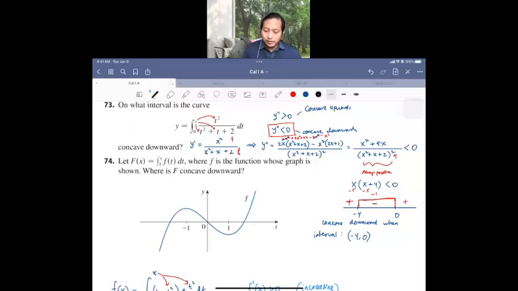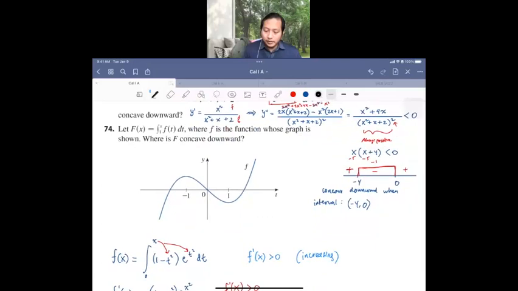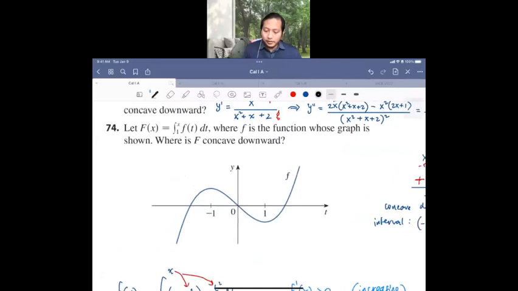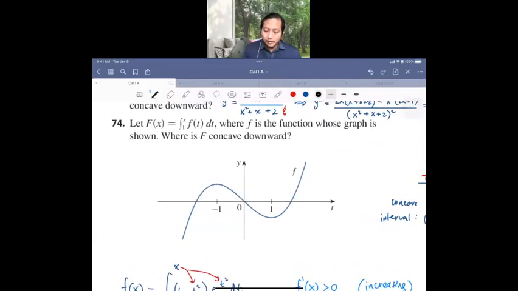Okay. Now, let me check our time. Okay, we still have time. How about this number 74? And I think for number 74, you don't need to write any calculation at all. You see the curve.